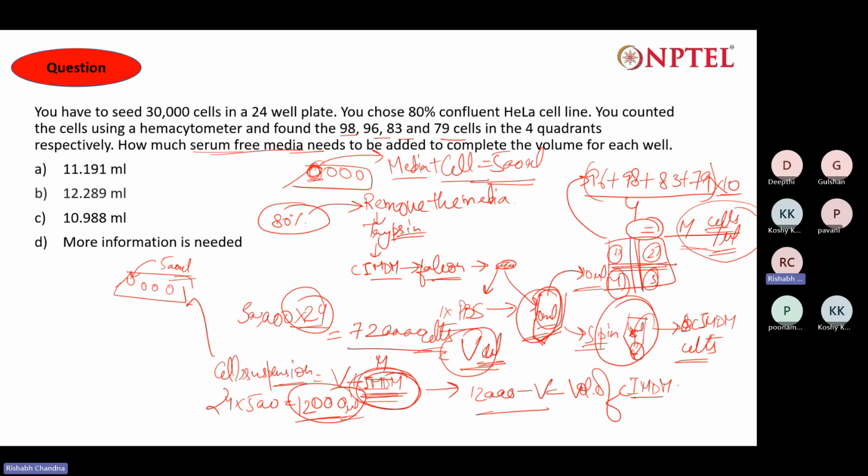Okay. So we cannot add the media in the hemocytometer. Here the cell suspension is in PBS. Now, when we count these cells, we spin these cells and we add media. We cannot count the cell suspension with the media under the microscope; we will not be able to get the clarity on that.